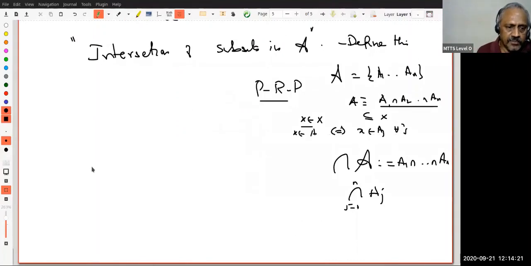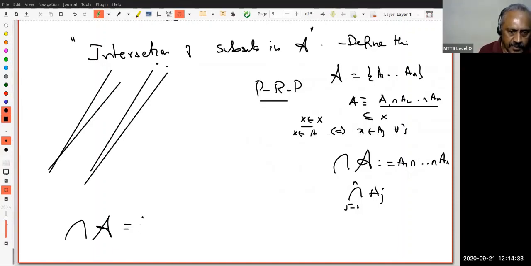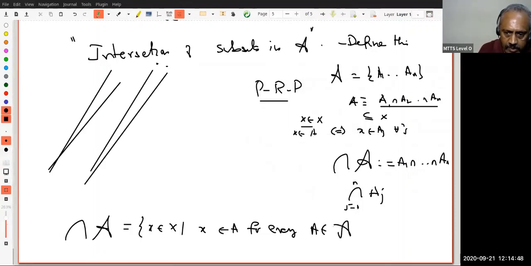Then I want to define the intersection of script A. This is the notation, and it must be a subset of X. So I go by this: x in X belongs to this subset if and only if x lies in A for every subset A in script A. Do you understand this?